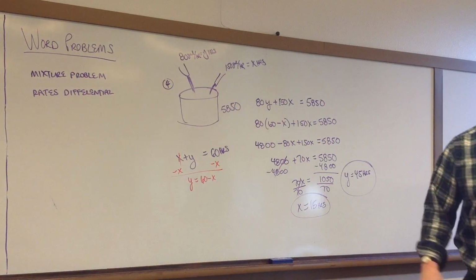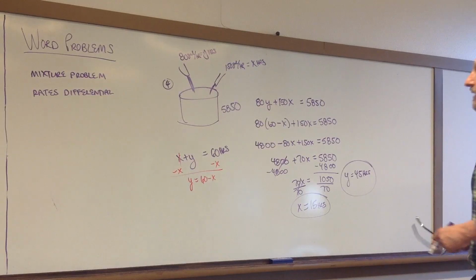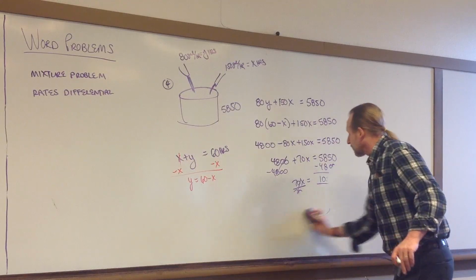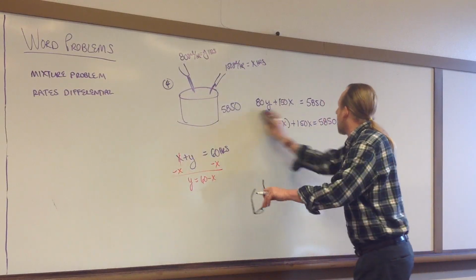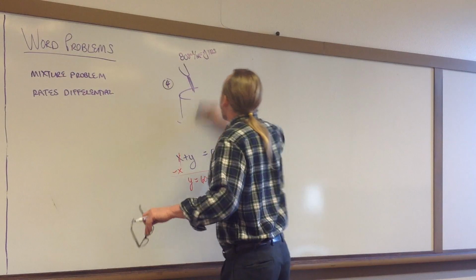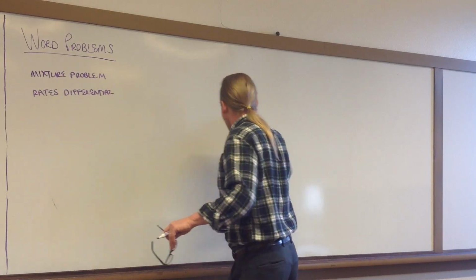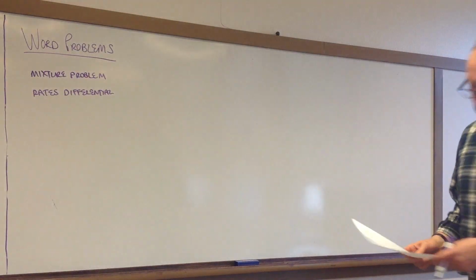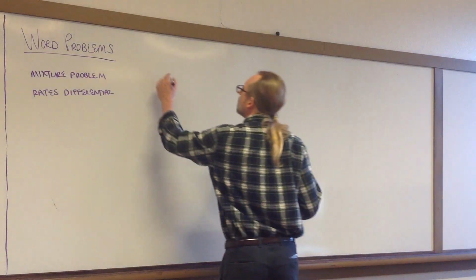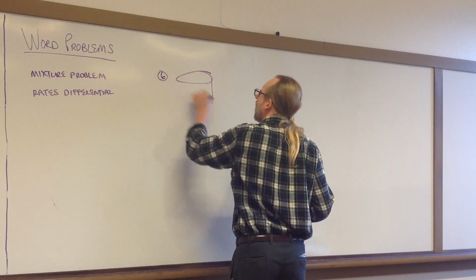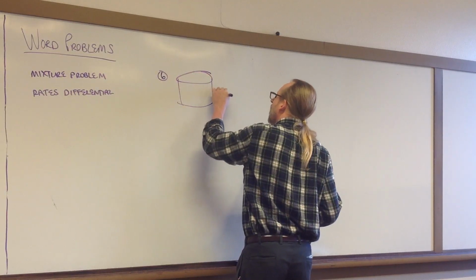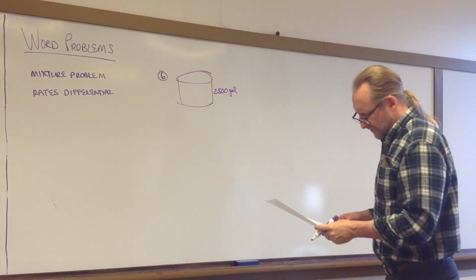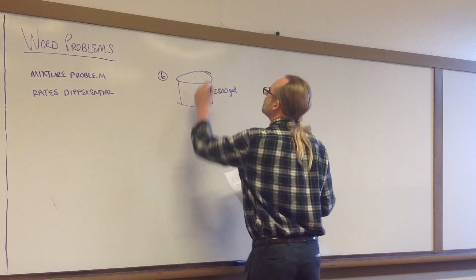All right, let's see. We've got one more even problem here, problem 6. So let's go ahead and do that one, and then that'll be it for this assignment. All right, problem 6. Our water tank is 2,500 gallons. And we've got one spigot at 75 gallons per hour.